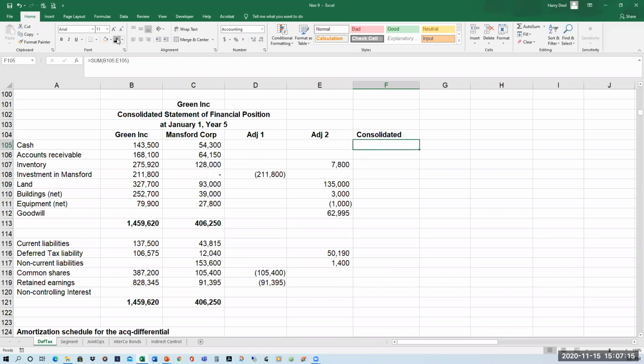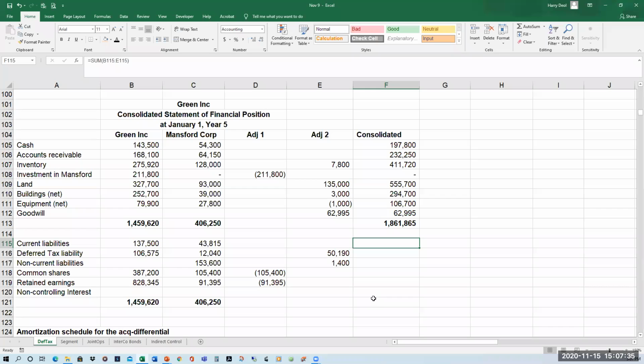We now calculate the consolidated amounts, which is just the sum of the parent company's numbers plus the sub's numbers, plus or minus whatever adjustments we have. We get a total of consolidated assets, 1,861,865.